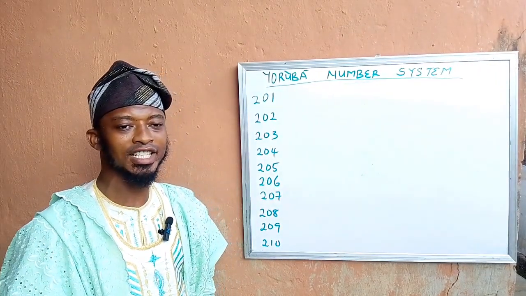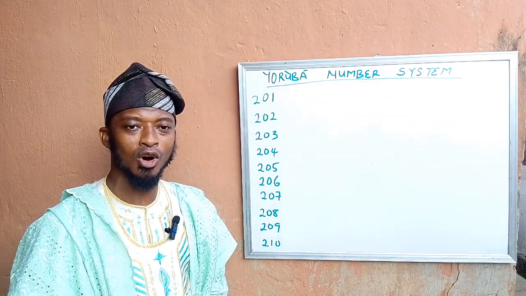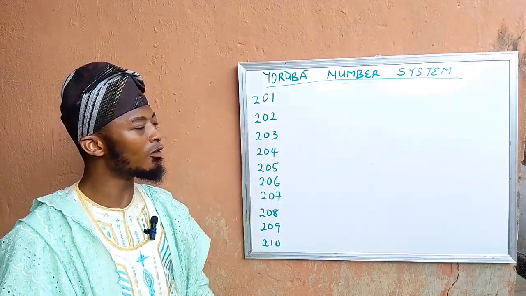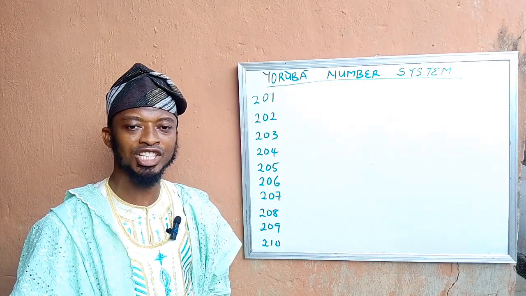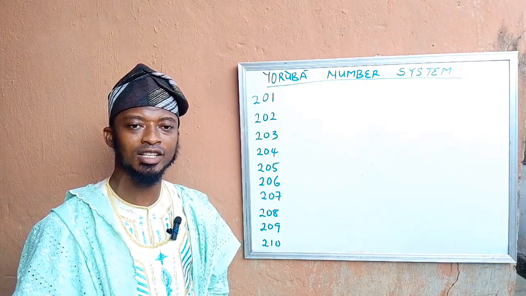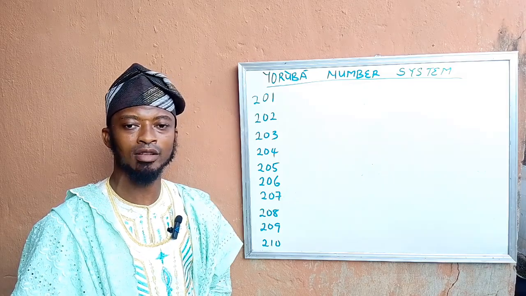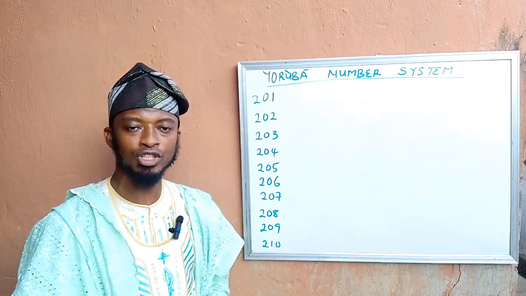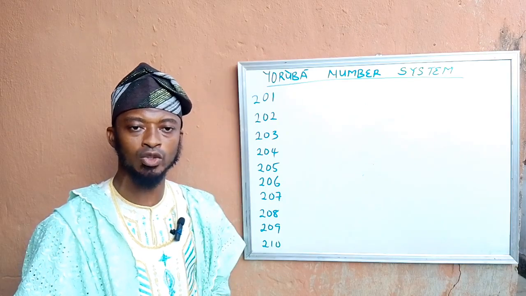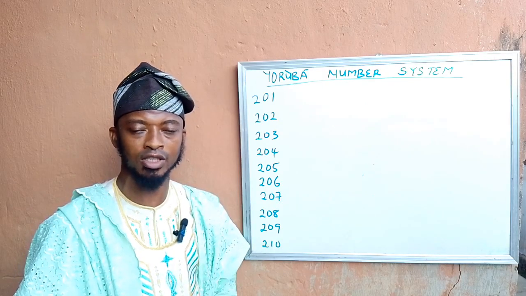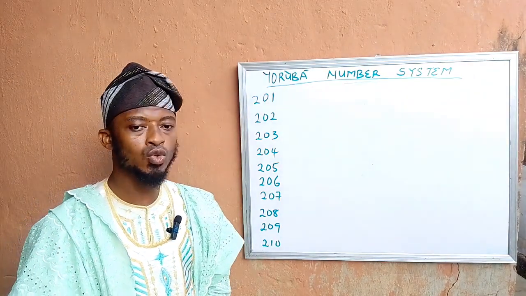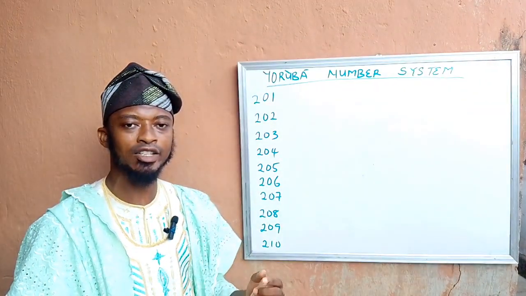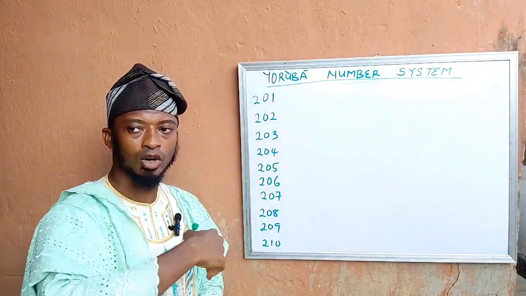Today, in this lesson, we are going to continue our series on the Yoruba number system. Previously on this channel, we had a playlist on the Yoruba number system. We have 6 episodes so far. The most recent one looked at numbers 200 to 1000. Now, in this lesson, we want to look at the numbers starting from 201 upward.